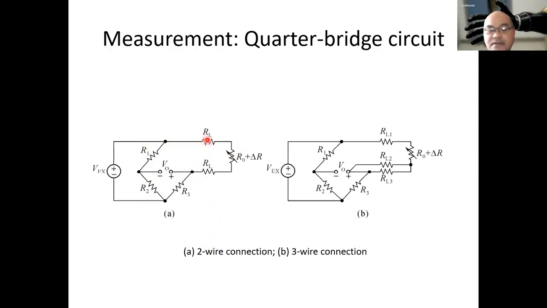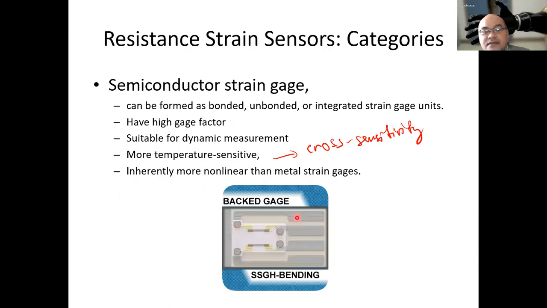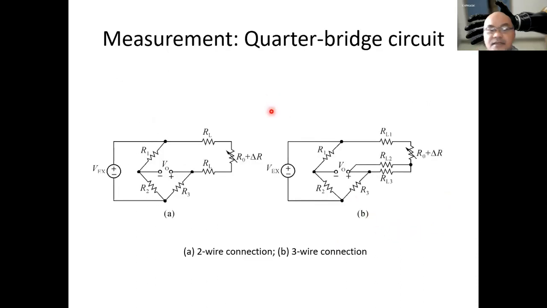You see here that the wires connect the sensor, whose resistance will vary with strain, indicated by R0 plus delta R. Then we have the other 3 resistors in the arms of the bridge.